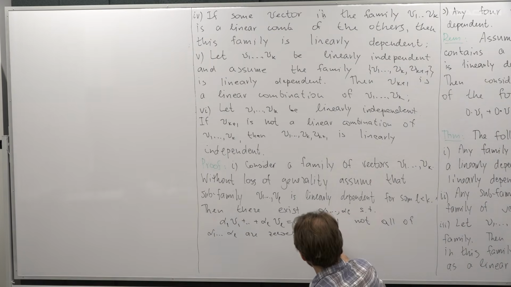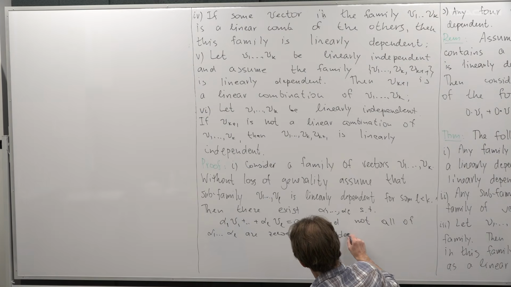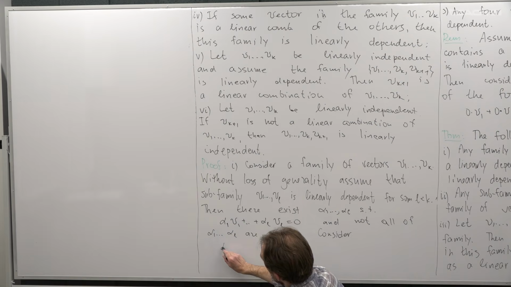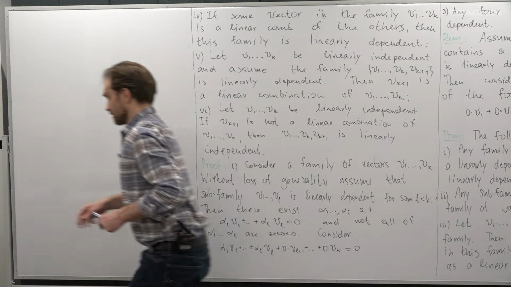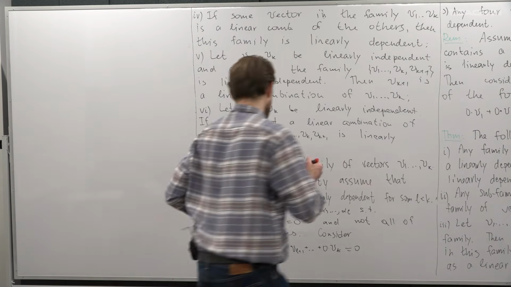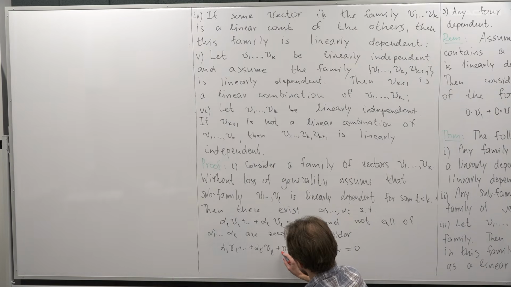And so now consider alpha 1 times v1 plus etc. plus alpha l times vl plus 0 times vl plus 1 plus etc. plus 0 times vk. So this is also 0, just because we add zeros here. And so we can consider all these zeros as alpha l plus 1, etc., alpha k.